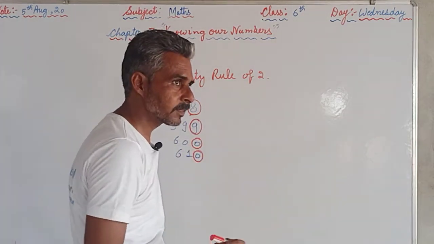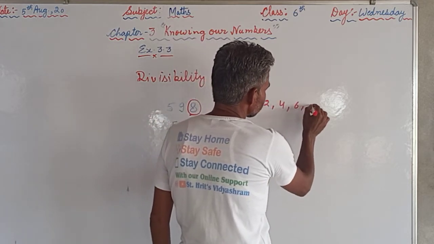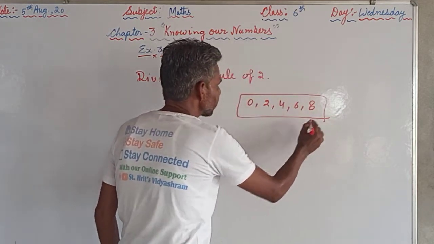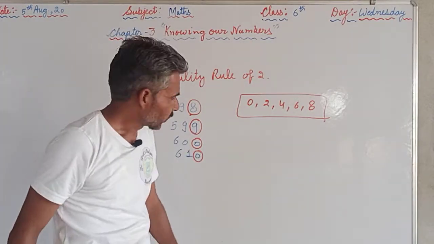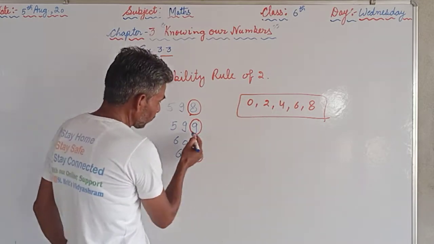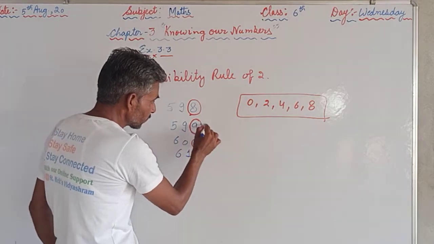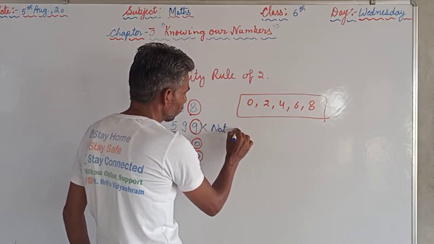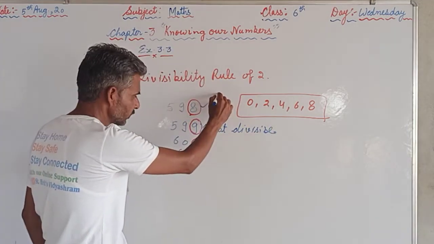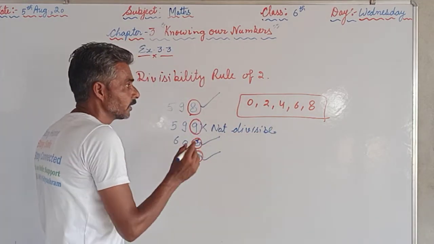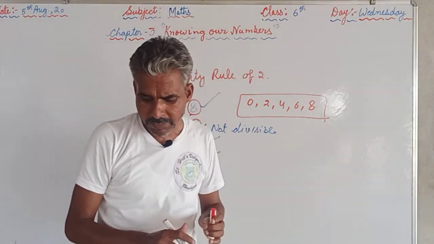If at the ones place the numbers are 0, 2, 4, 6, 8, then we can say the numbers are divisible by 2. 9 is not there in these numbers, so this is not divisible by 2. This is divisible, 8 is there. That's why the numbers ending with 0, 2, 4, 6, 8 are divisible by 2.